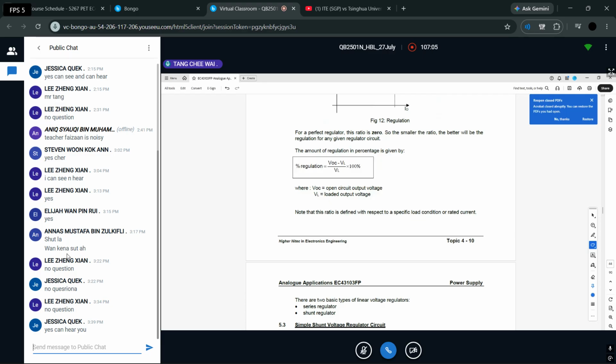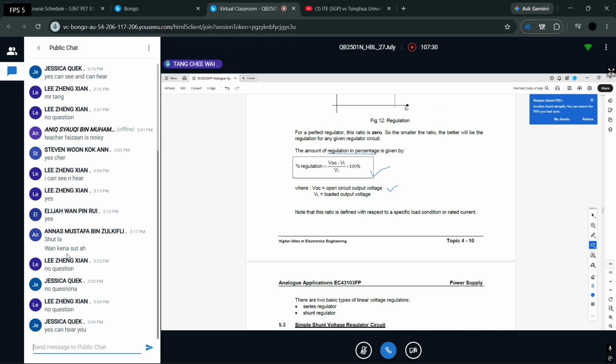The smaller the ratio, the better the regulation. So this formula that gives you the regulation in percentage, you want this value as low as possible. That means it's good. Here they show what the terms represent.